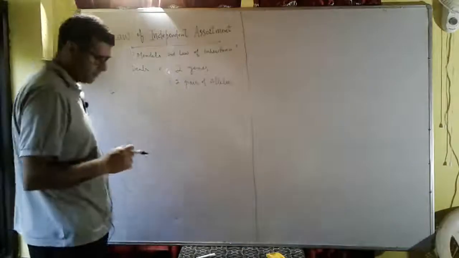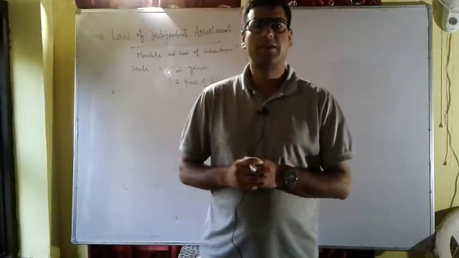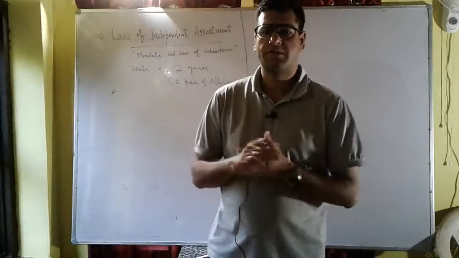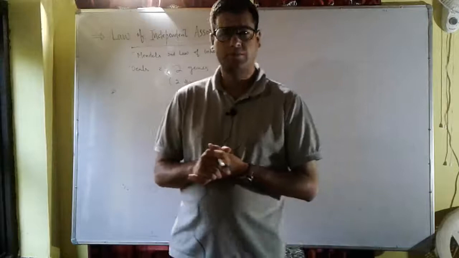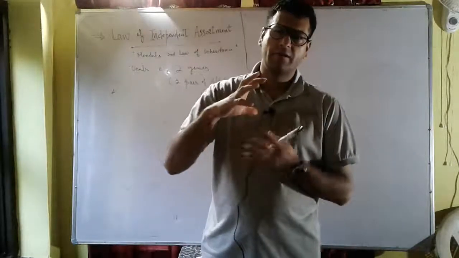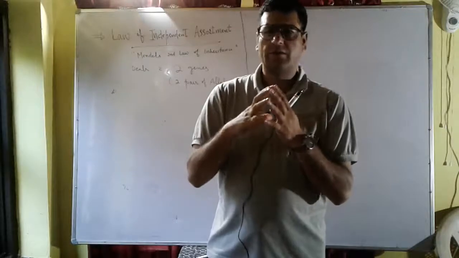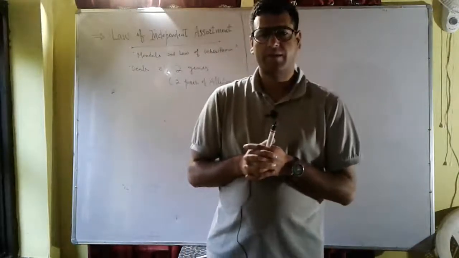Now, what is the law of independent assortment? The law of independent assortment says that the inheritance of one character is independent of the inheritance of another character at the time of gamete formation. For example, we have seed shape and seed color.